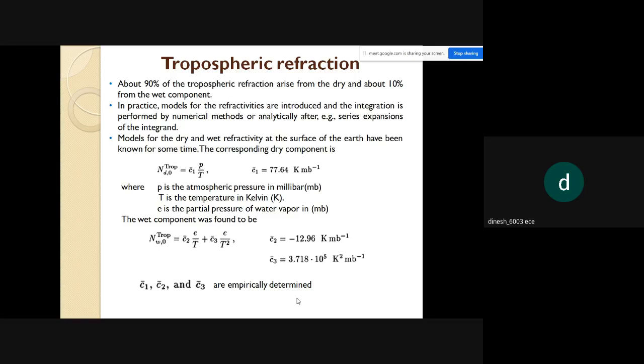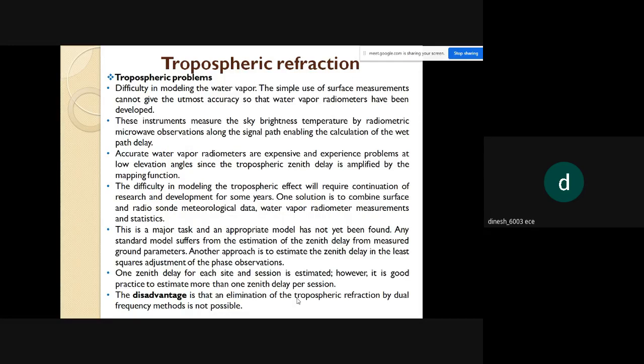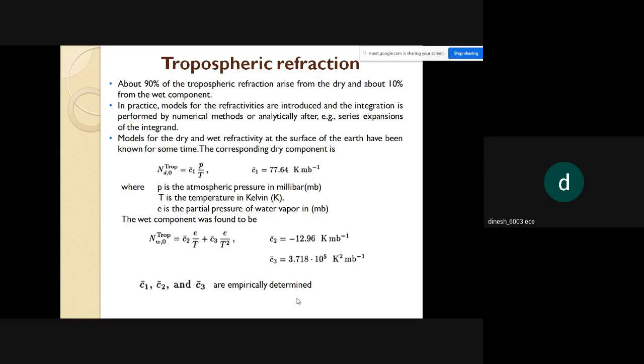An empirical calculation shows that about 90% of the tropospheric refraction arises from the dry region, and only about 10% from the wet region.